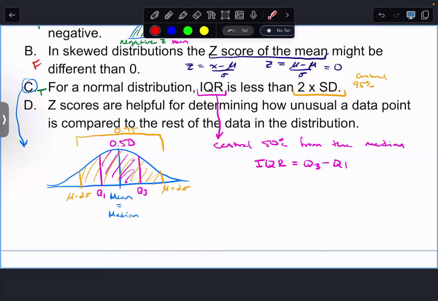If we find a large Z-score in either direction, then we know that that's unusual because the area in the tails beyond those points is very, very small. And so that's the probability. And so I'm just going to go for true. That's the only kind of easy one on there. That's a fact.